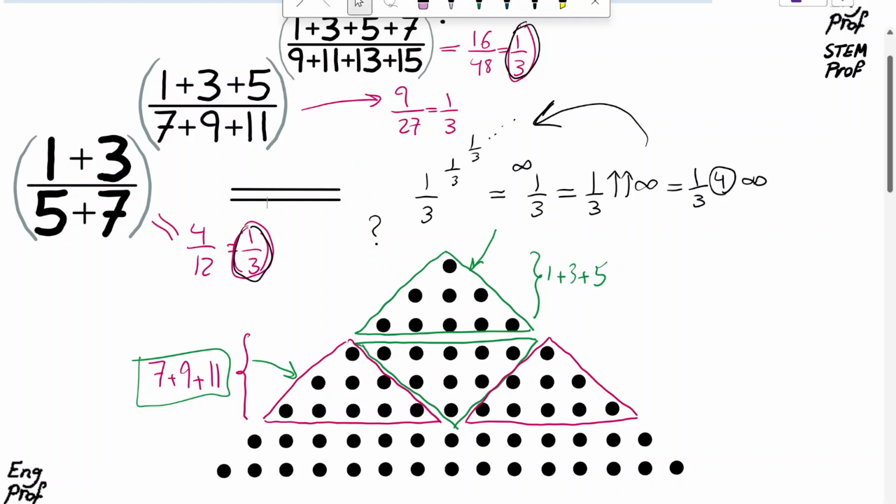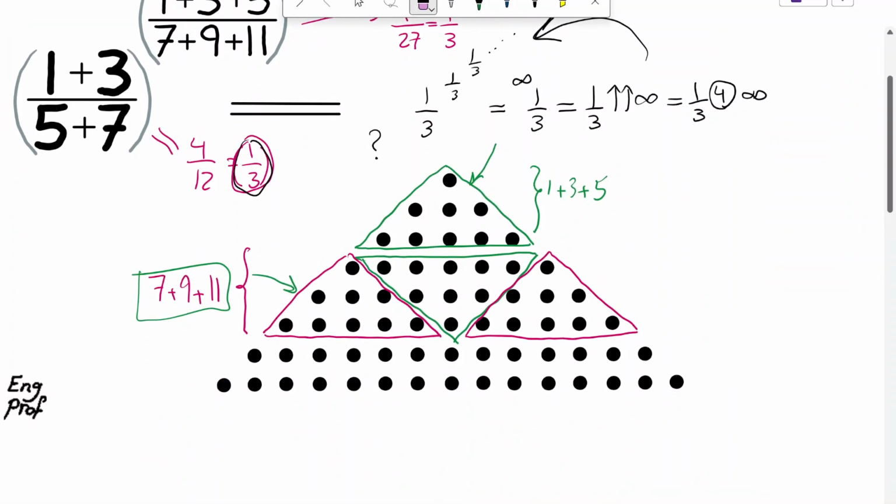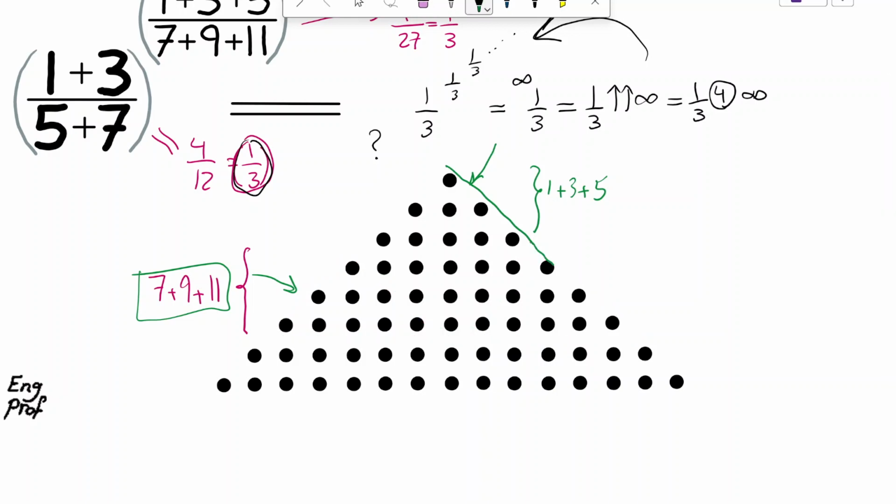If you continue and proceed with, say, the next exponent here, now using the same illustration, I can now expand these triangles. So let me do so. And you can see now I can expand it to this situation.